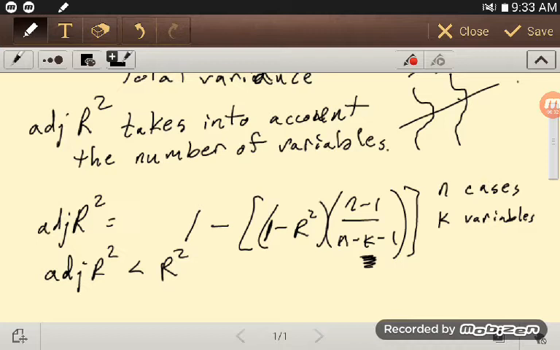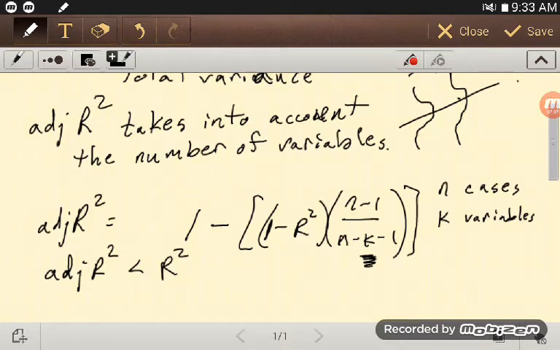So if n is like 10,000 and we add another variable, we're not going to really see a difference in our adjusted r squared, usually. Not much of a difference. Whereas if n is small, like maybe just 10 data points, then seeing differences in the number of variables actually will really impact that adjusted r squared. So we're going to use adjusted r squared to kind of determine how well our model is doing.